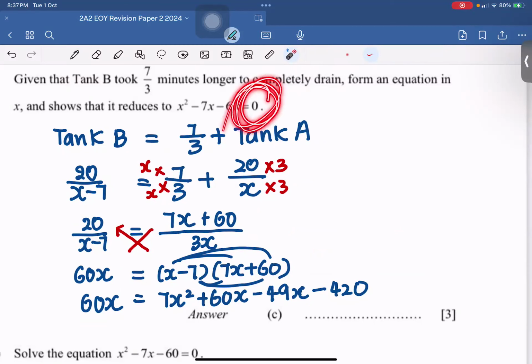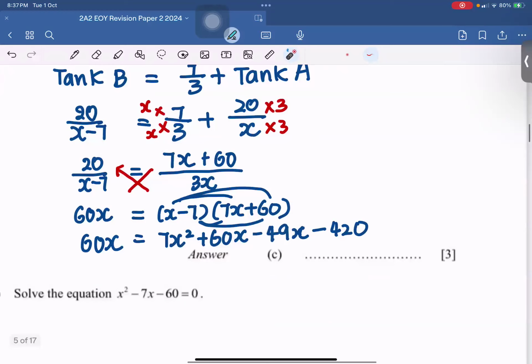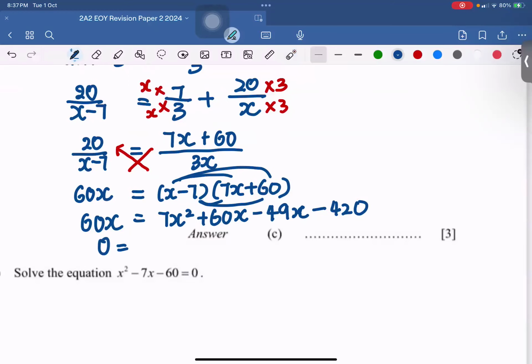Next, my equation, everything equals to what? Equal to 0, right? What do I need to do? Shift. So I shift my 60x over to this side. I make this part become 0. So I got 7x squared plus 60x minus 49x minus 420 minus 60x.